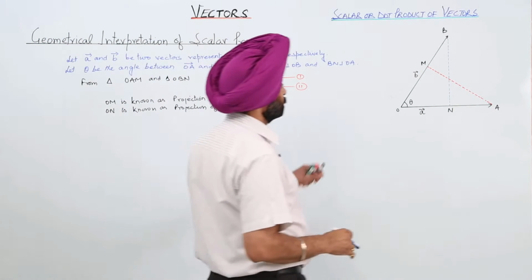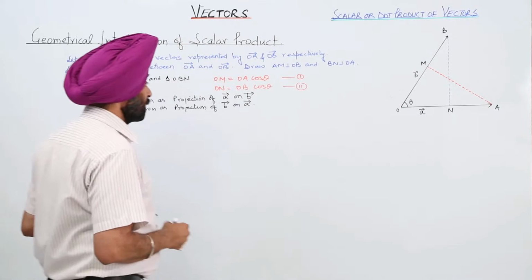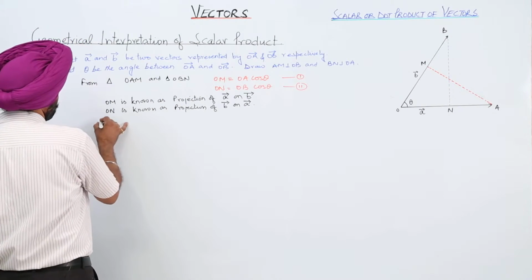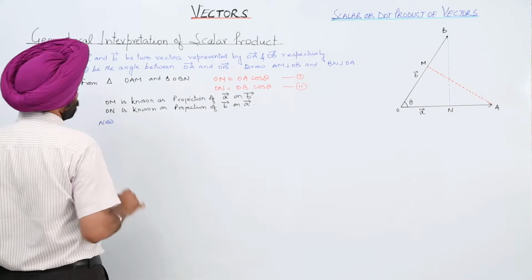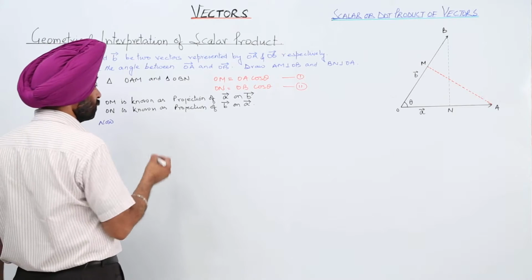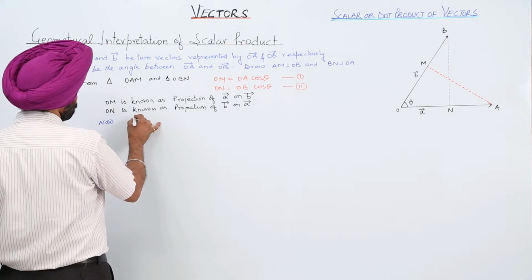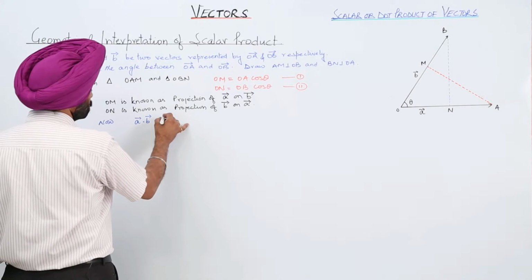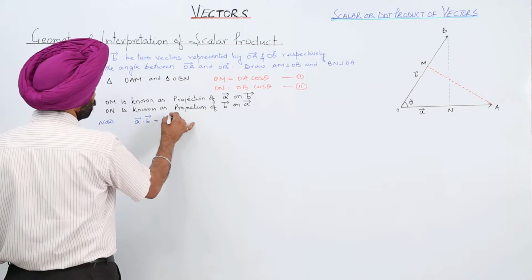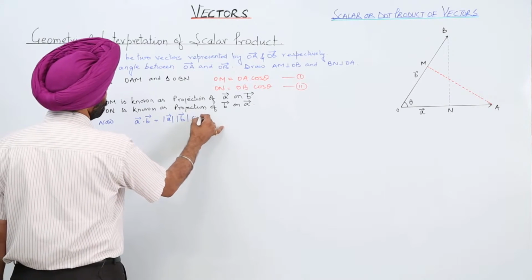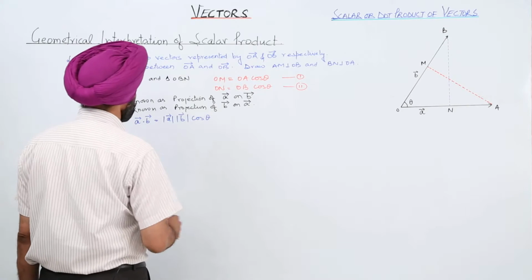Now let's go to the further part. Going by the definition, we can write vector A dot vector B is equal to magnitude of A, magnitude of B cos theta.